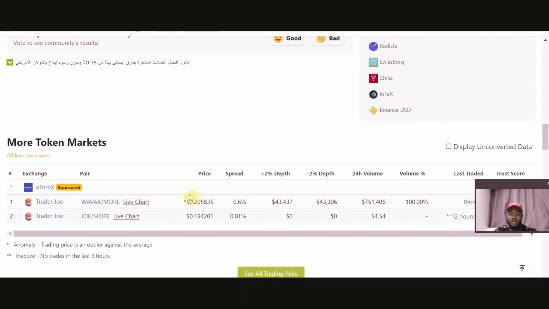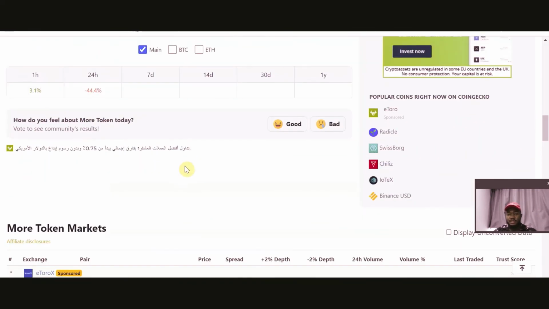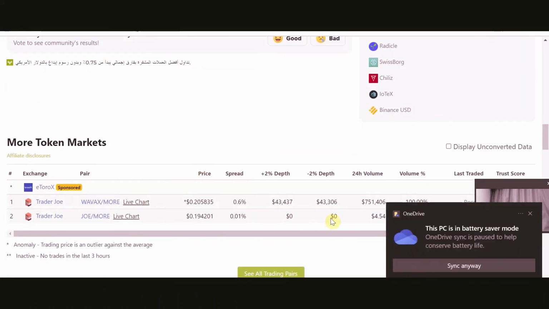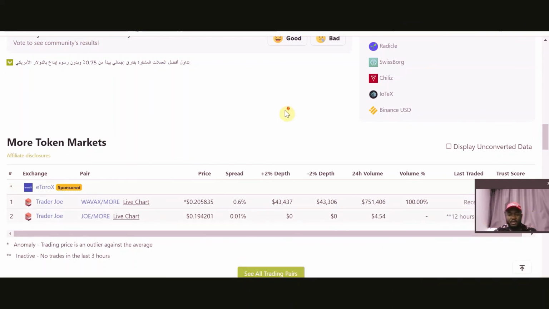Only Trader Joe has listed this coin. So if you want to take the risk, you go on Trader Joe and buy the coin. If you want to wait, let other exchanges also list, then you can wait and see the exchanges that will be listing this. Okay, so this is how my battery is running down.